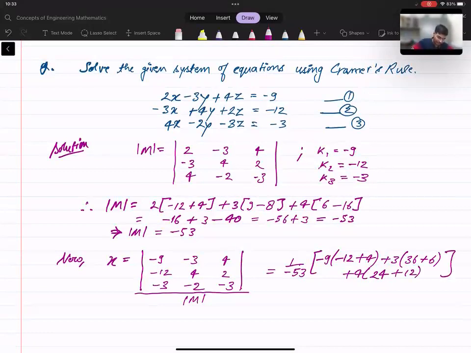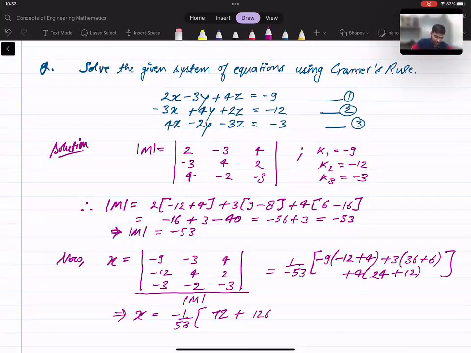So upon expanding this, we get the value of x as minus 1 by 53 into, this is minus 12 plus 4 will be minus 8. So this is minus minus plus. So 72, and this will be 36 plus 6 is nothing but 42, and this will be 126. Okay.